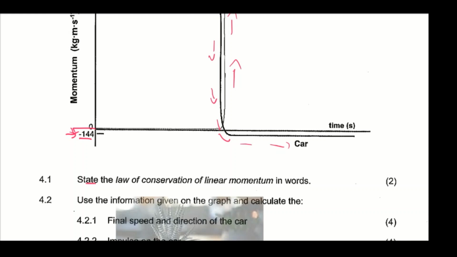So the answer to this question is the law states that the total linear momentum of an isolated system is conserved. So that is the law of conservation of linear momentum.